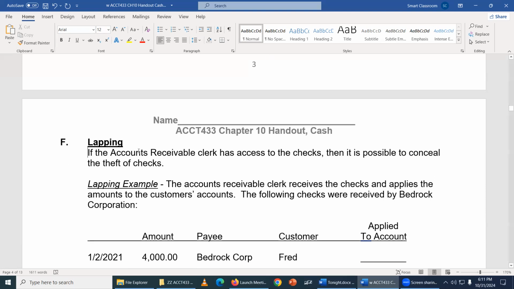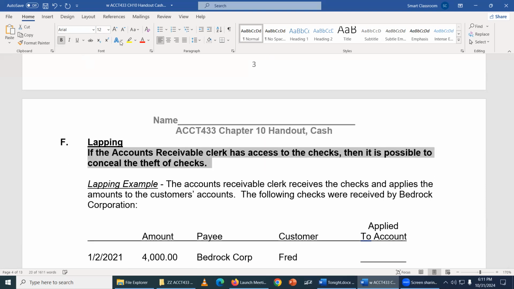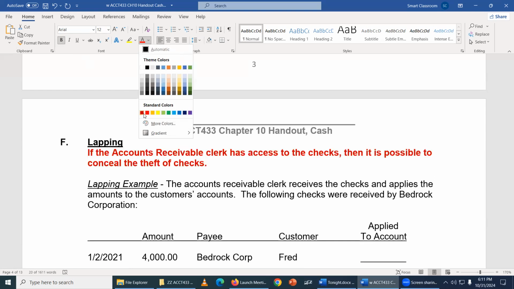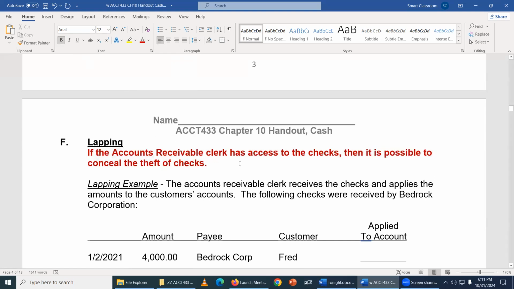Okay, let me clean this up a little bit. So if the accounts receivable clerk has access to the checks, then it's possible to conceal the theft of checks.